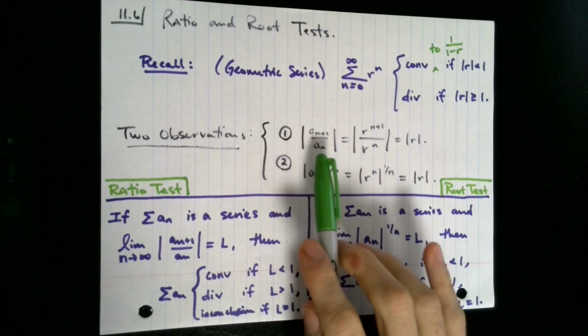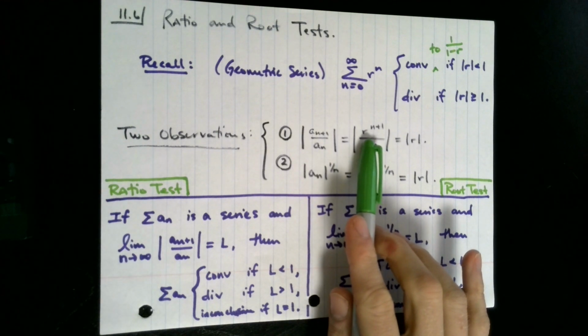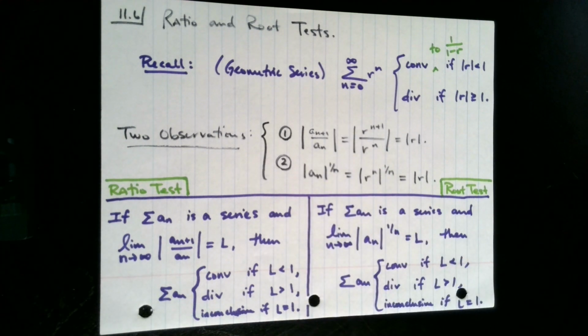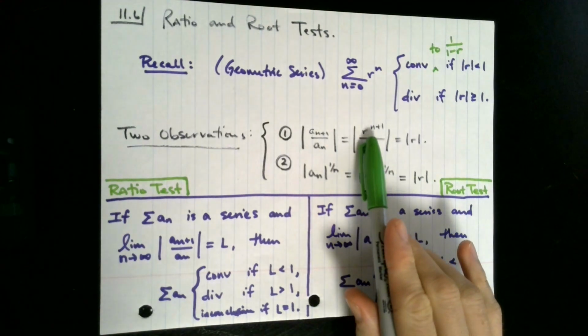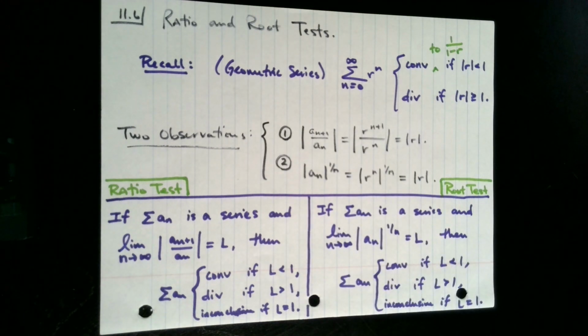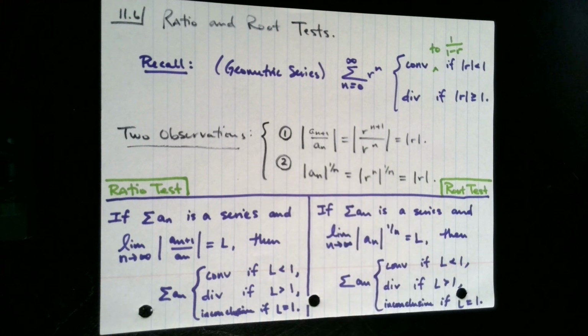Well, if we were looking at a geometric series, the n plus 1th term would be r to the n plus 1, and the nth term would be r to the n. Now, what would you get when you divide those? Well, n of the powers of r downstairs would cancel with n of the powers of r upstairs, and you would be left with 1 power of r remaining upstairs, and you would just get absolute value of r.